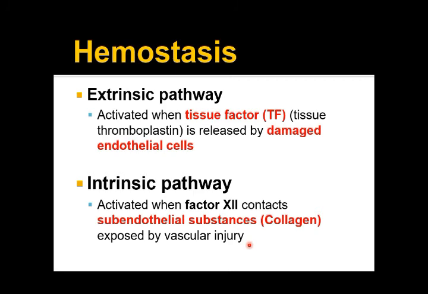So when you fall off your rollerblades and skin your knee and you've torn away part of your skin and part of the capillaries that are associated with the skin, that would expose subendothelial collagen. The collagen that endothelial cells normally rest on is now exposed, and that will activate another clotting factor called factor 12 when it comes in contact with that subendothelial collagen.